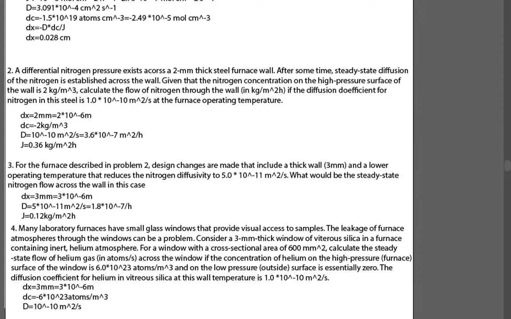So let's just plug it in straight away. What's the J here? Let's plug it into our calculator. We can use the same formula. So we would get 10 to the power of negative 10, multiply it by 6 times 10 to the power of 23, and then this is divided by the change of x, which is this 3 times 10 to the power of negative 6.